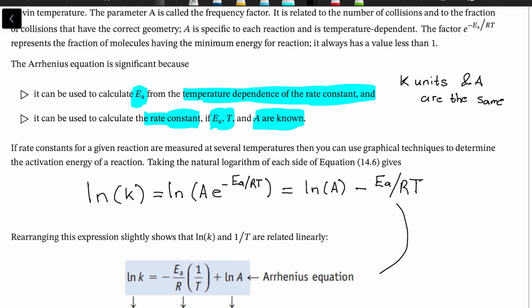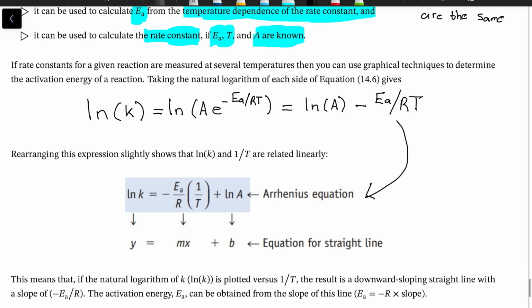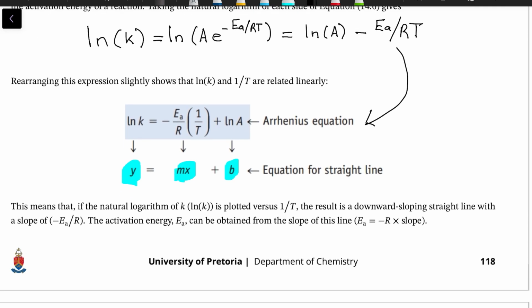And you can rewrite that in a form which you can interpret as a straight line, as y is equal to mx plus b, which you can then go ahead and plot on a graph to say, if I plot ln of k versus 1 over T, so see 1 over T is your x, ln k is your y, and then you should get a straight line which has a slope of what?